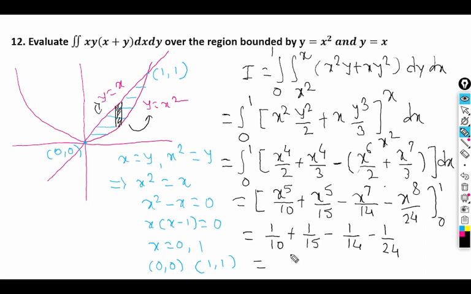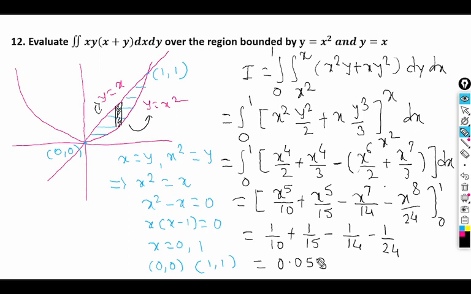The best way, use a calculator: take 1 by 10, which is 0.1, plus 1 divided by 15, it comes 0.16, minus 1 divided by 14, and lastly minus 1 divided by 24. So your answer will come 0.053. So this is the way you can write the answer in decimal.